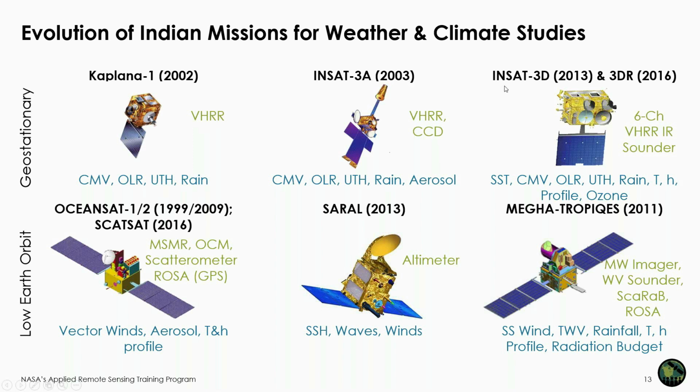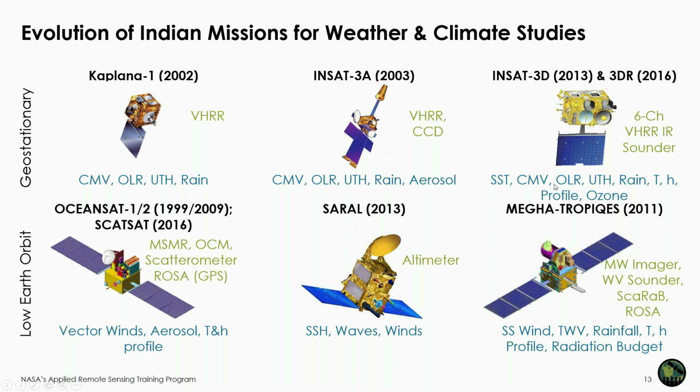And then, of course, we had a launch of INSAT 3D that is almost like a last generation GOES satellite, where you have an imager, a 6-band imager, and a 19-channel sounder. This meteorological satellite was launched in 2013, and the identical satellite, but at a different location, was put in the orbit in 2016, which is known as INSAT 3DR.